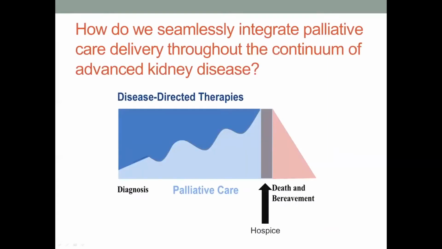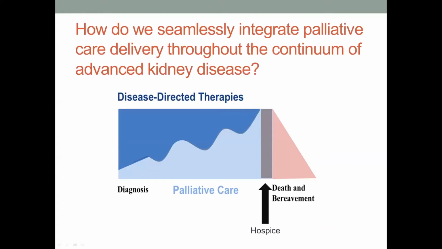So I have no disclosures. And so as we begin, I think one of the key questions here is, how do we seamlessly integrate palliative care delivery throughout the entire continuum of advanced kidney disease?